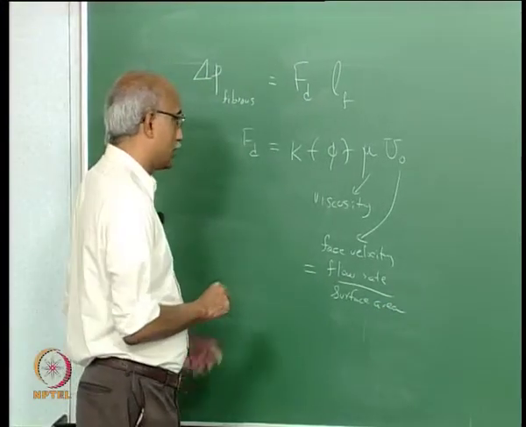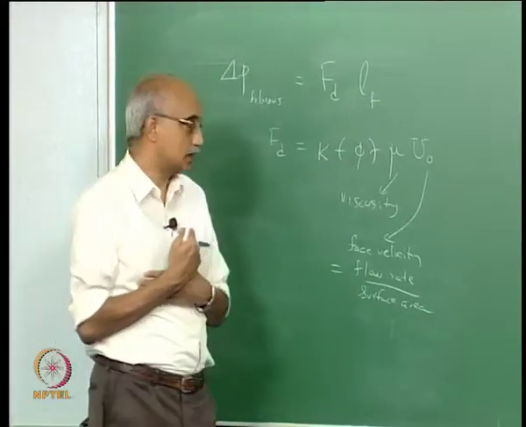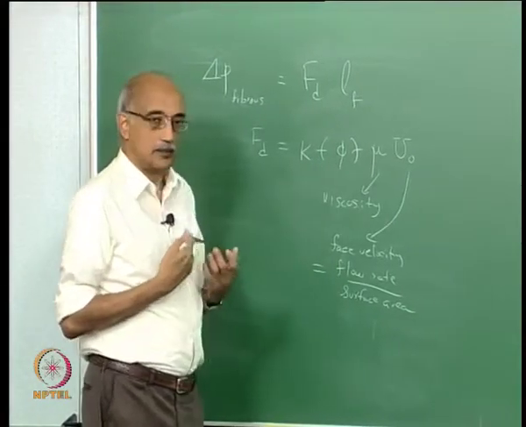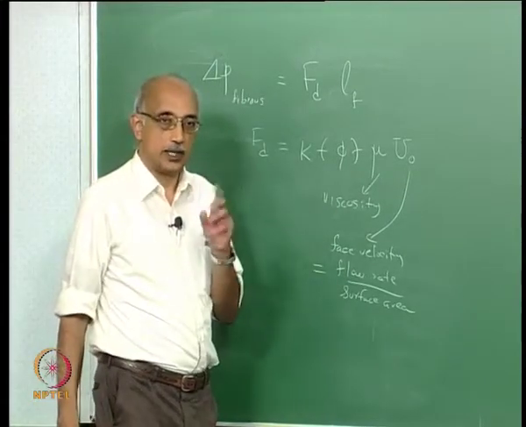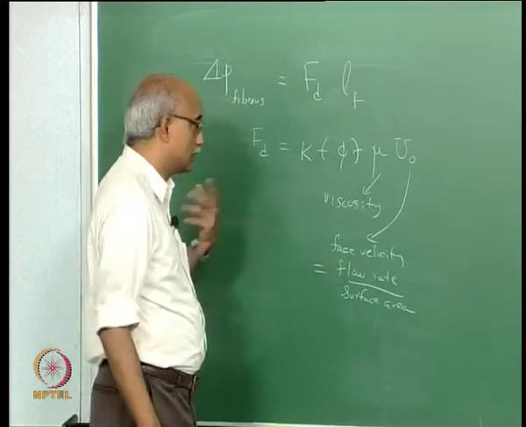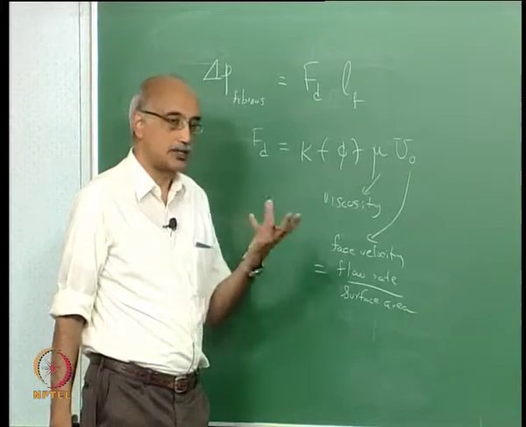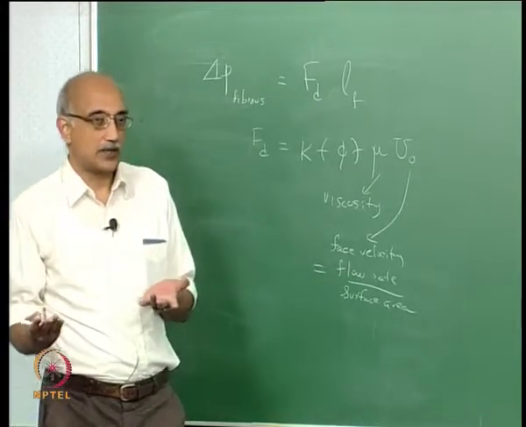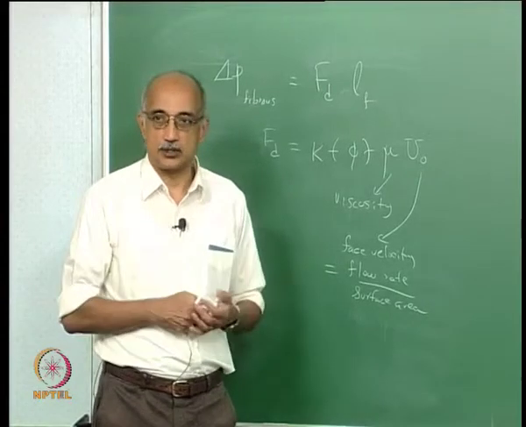And so essentially the higher the flow rate that the filter has to experience, the greater will be the pressure drop, and also the greater the viscosity of the fluid that is being handled, the higher will be the pressure drop. And finally the solids fraction, the higher the solids fraction, the greater the filtration efficiency, but the greater the pressure drop.